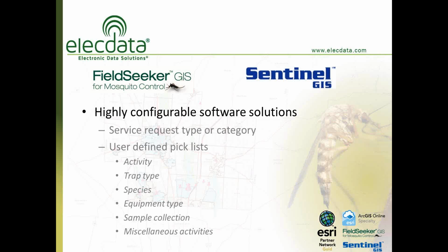This would include activity type or trap type, species, whether it be a different species type, equipment type, sample collections, and miscellaneous activities that you can record while in the field. Today's demonstration will look at how to configure and define these different pick lists and category types and how they might be used for pest control.